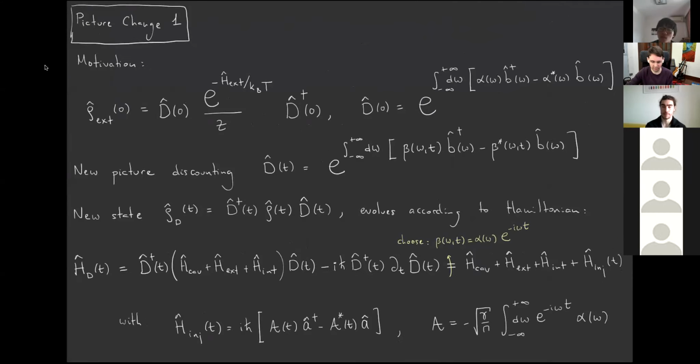Then we see that this Hamiltonian that appeared very naturally in the Heisenberg picture to describe the external lasers also appears very naturally in the Schrödinger picture.